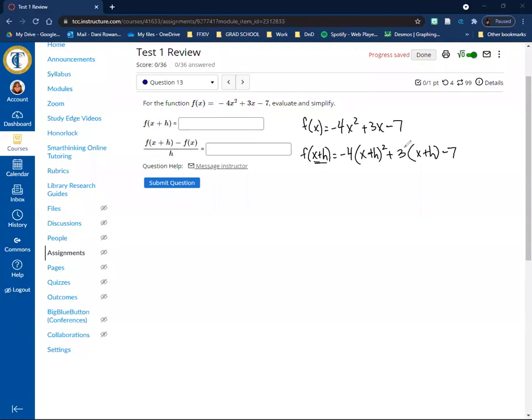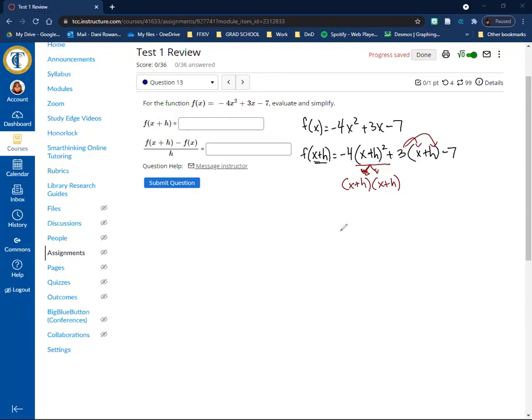Yeah, we definitely need to distribute, right? We could distribute this, but what about this right here? How would you factor it? We FOIL it, because remember, this is the same thing as saying x plus h times x plus h.